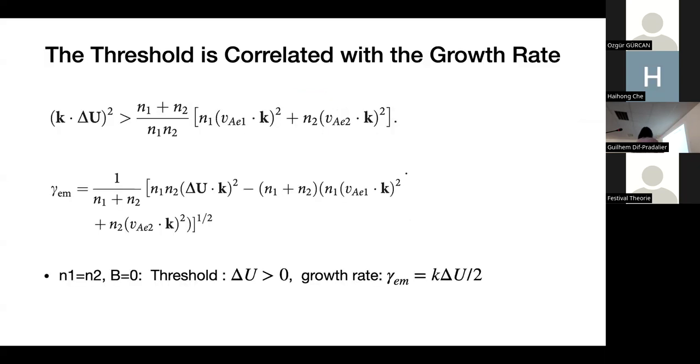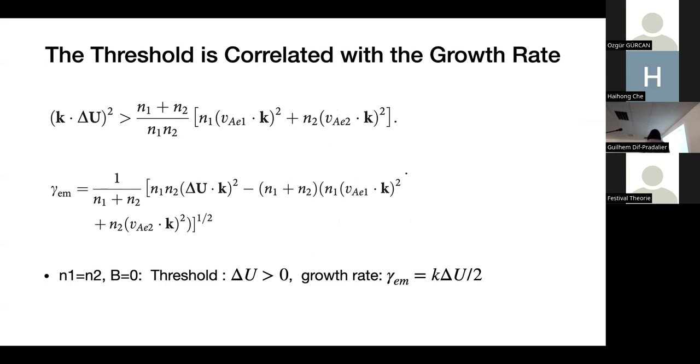And finally, I want to mention that the threshold is correlated with the growth rate, because in space plasma, sometimes people argue. Usually we say the HChe growth rate is about the electron plasma frequency, and HChe is much slower.